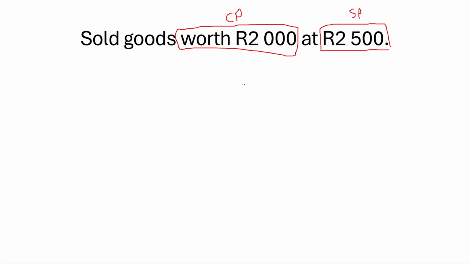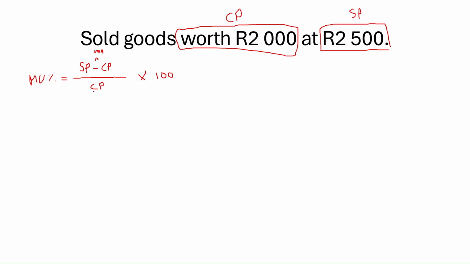So since we have these two, we'll probably have to calculate the markup percentage, which would be markup percentage equals selling price minus cost price. This tells us our profit, by the way, which we usually refer to as the markup, over the cost price times 100.